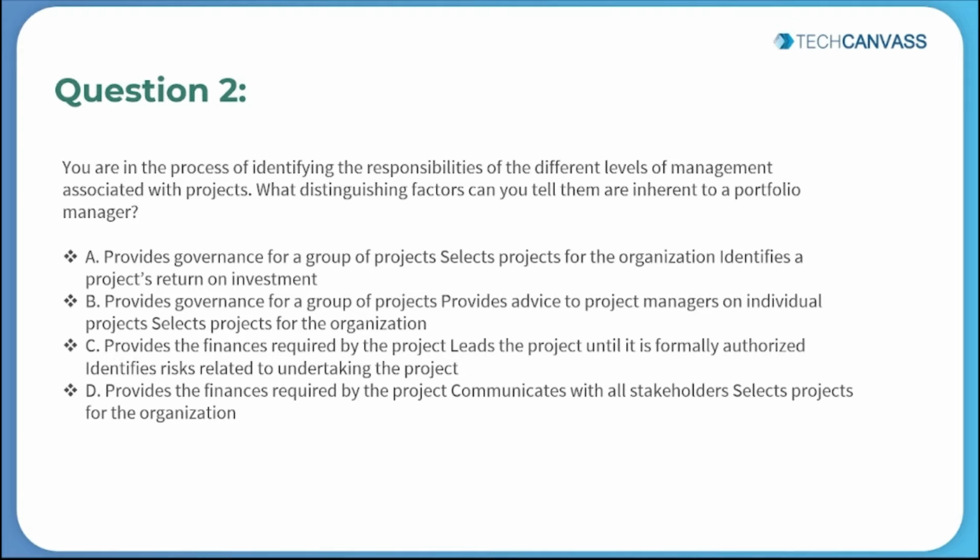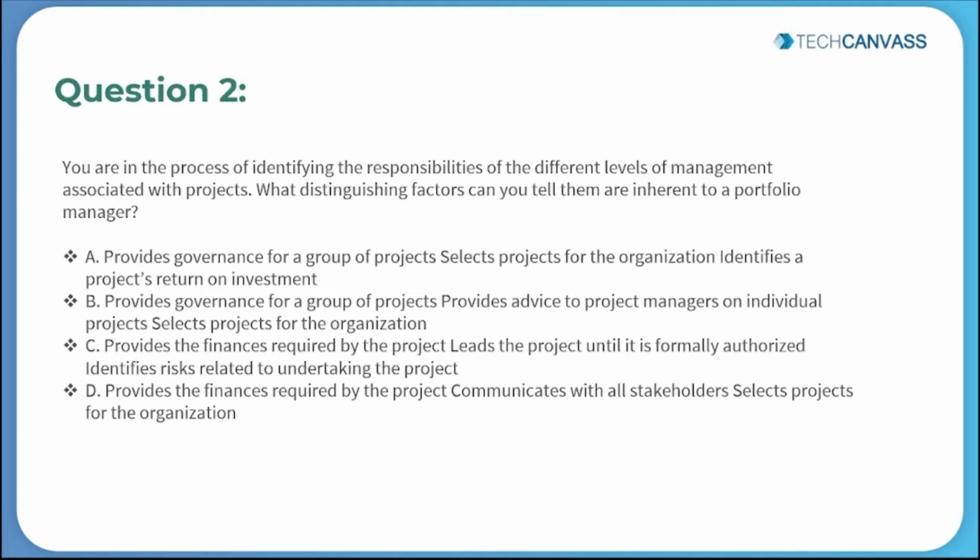The first option is provide governance for a group of projects, select projects for the organization, identifies a project return on investment. The second option is provide governance for a group of projects, provide advice to project managers on individual projects, or select projects for the organization.